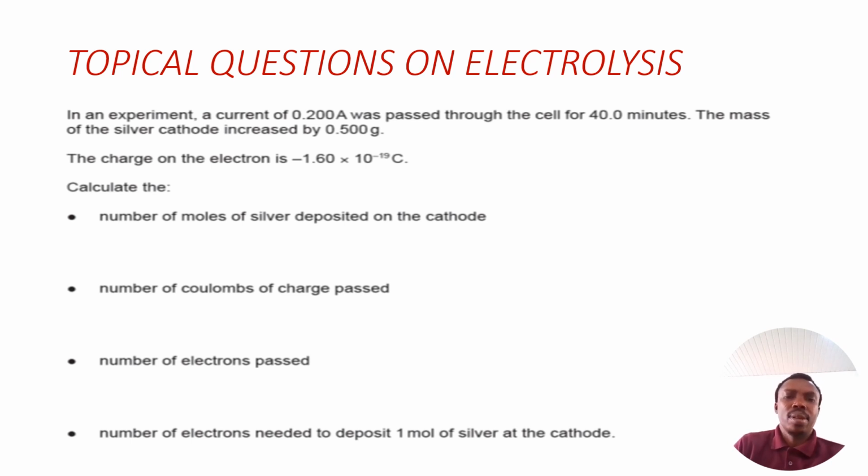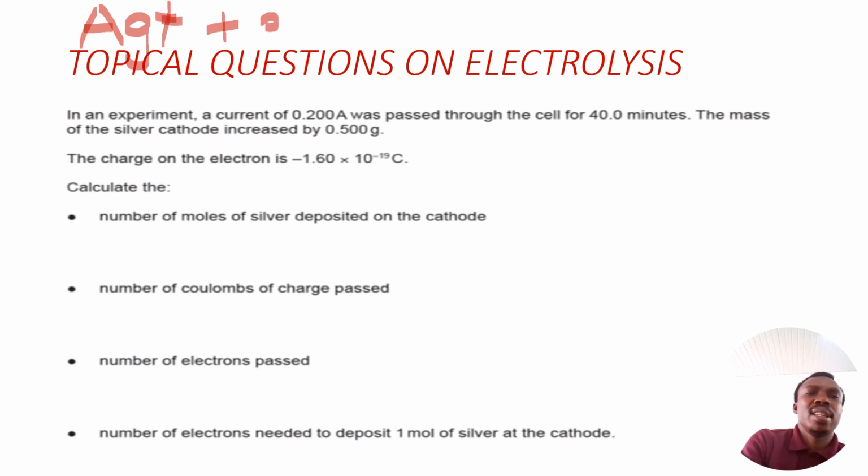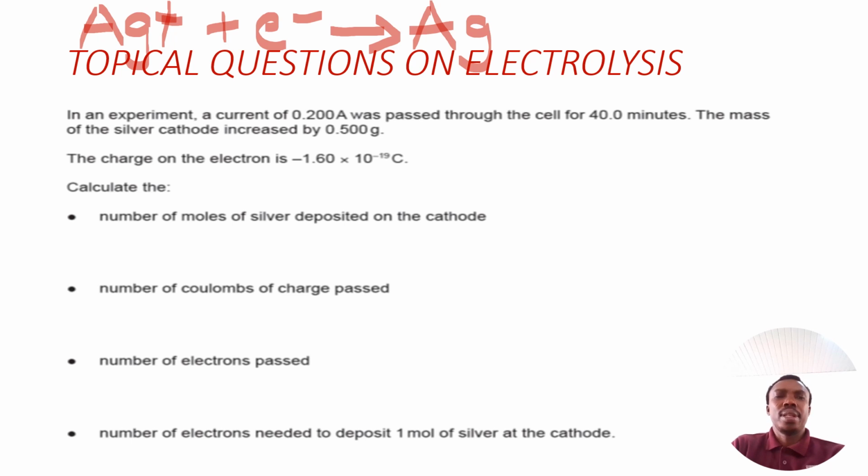So the first thing you need to do is to write the equation that takes place at the cathode. The silver ion, which is a metallic ion, goes to the cathode, gains an electron, and forms silver metal. So you have to calculate the number of moles of silver metal deposited on the cathode.